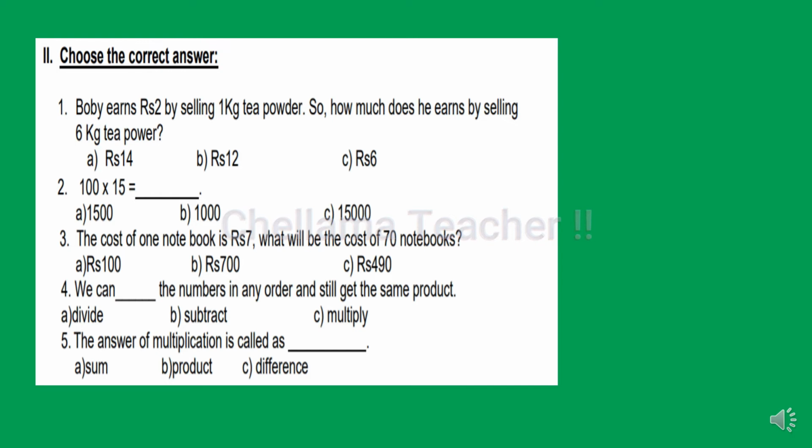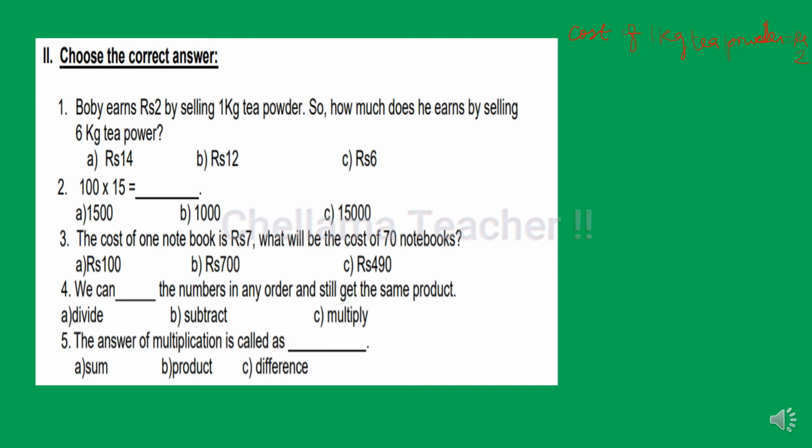Part 2. Choose the correct answer. Question number 1. Bobby earns ₹2 by selling 1 kg tea powder. So, how much does he earn by selling 6 kg tea powder? See here, the cost of 1 kg tea powder is equal to ₹2.